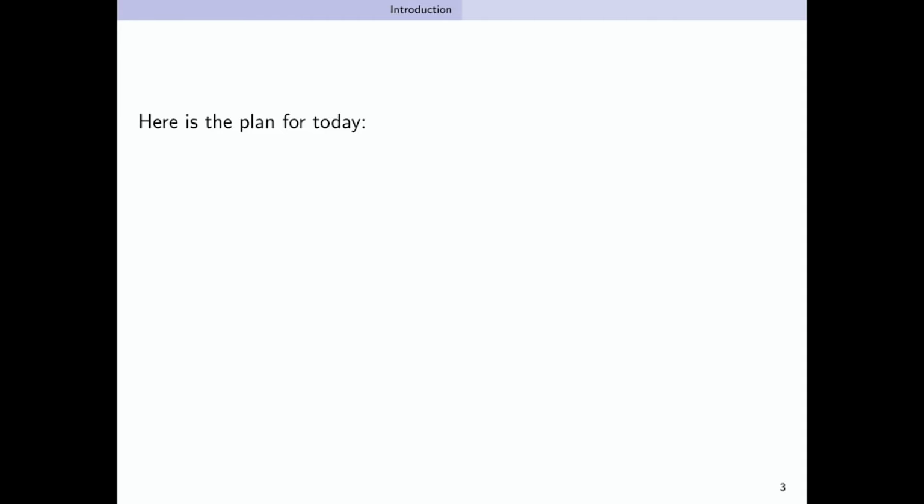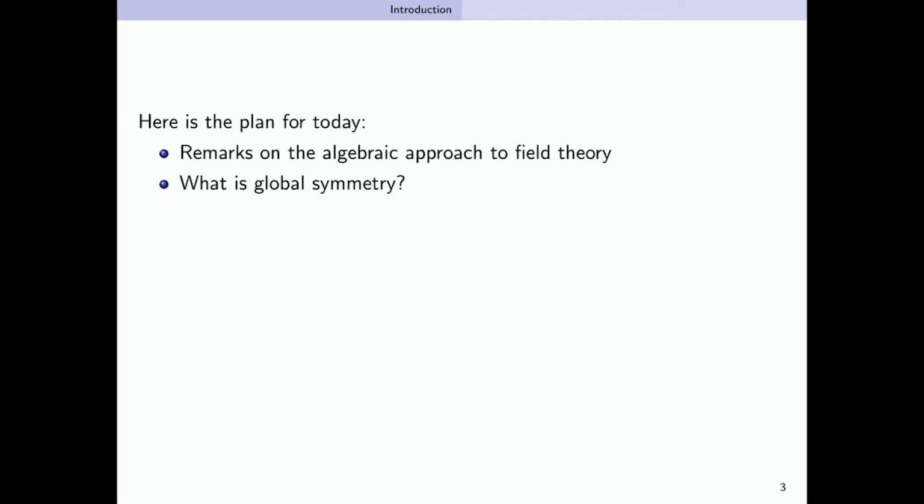So here's a plan for today. I feel that the honor of the algebraic approach was a bit maligned yesterday, so I'll start by saying a little bit about it, since it's central to everything that I'll say here. Then we'll talk about what is a global symmetry, and what is gauge symmetry.